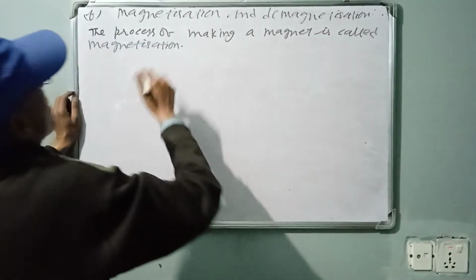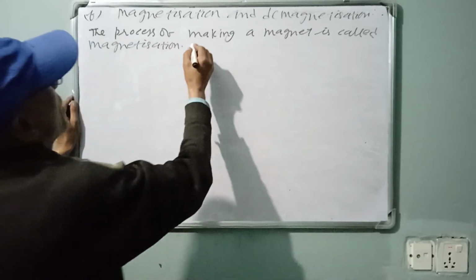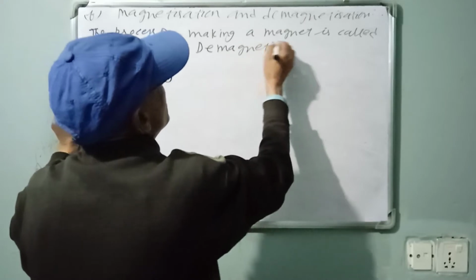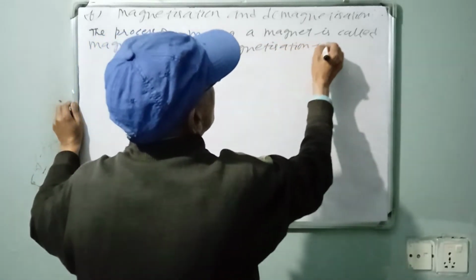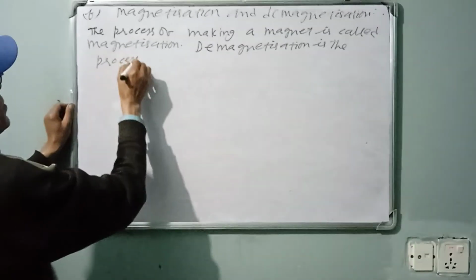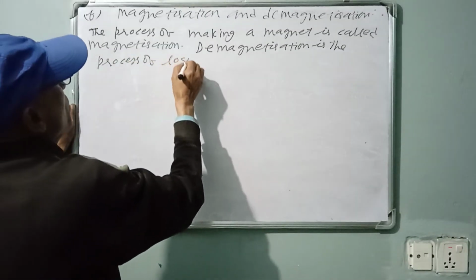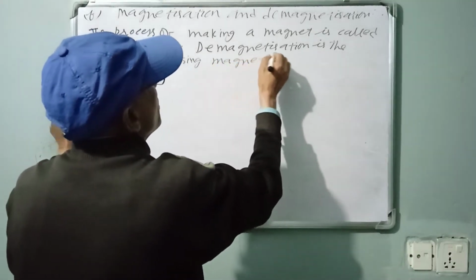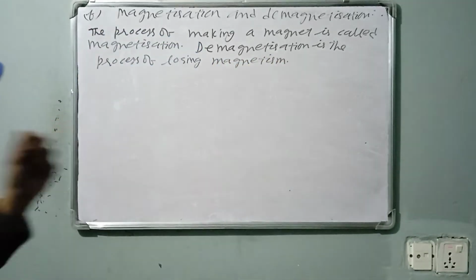And demagnetization, just the opposite word. Demagnetization is the process of losing magnetism. How to lose?